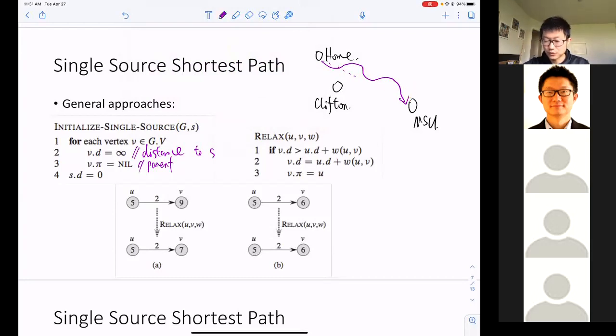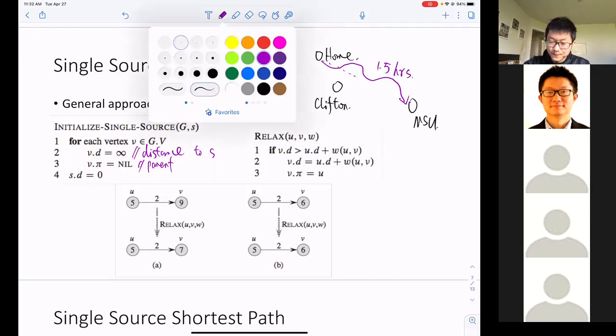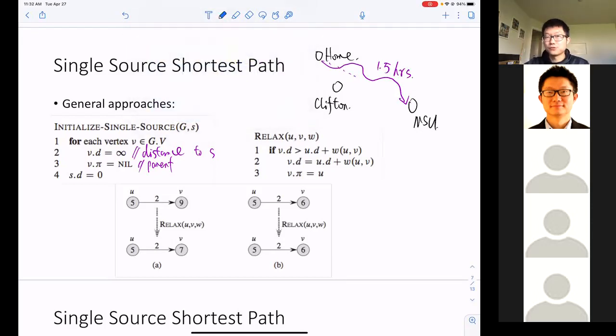It tells you, okay, from your home, if you follow this route, you will be able to get to Montclair in 1.5 hours. Okay, and then you open up your Google Map again. You say, okay, what if I just want to go to Clifton first and then go to Montclair?